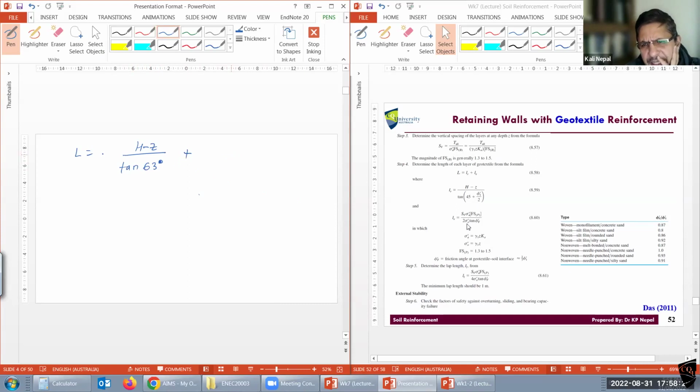L is SB times sigma, the lateral pressure, so Ka gamma H. And then factor of safety for pullout divided by 2 sigma naught tan phi F, where 2 sigma is gamma H again. Tan phi F here, not the other one. Okay, good. How much was given for the bottom? Phi F is given.